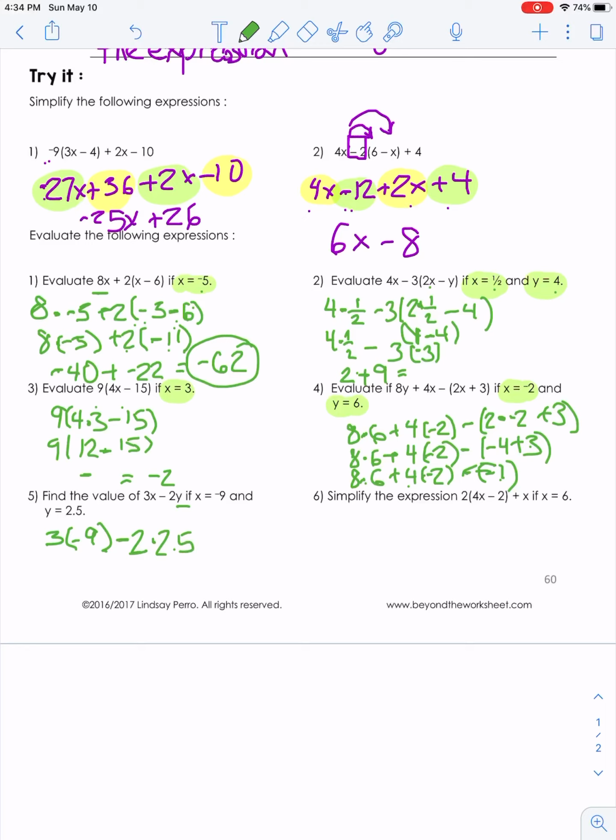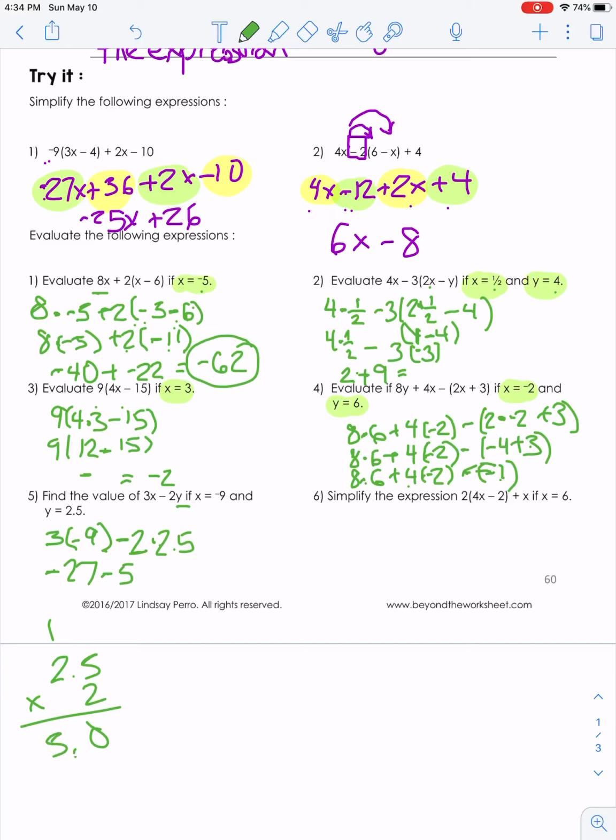So we have 3 times negative 9 first, so we get negative 27, minus 2 times 2.5. So you might need to multiply that out. So we get 5.